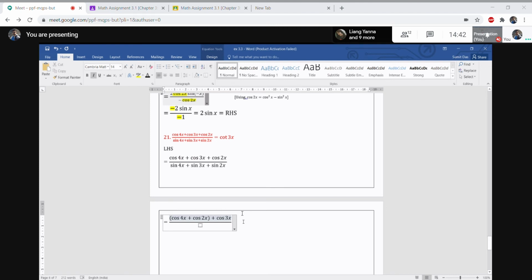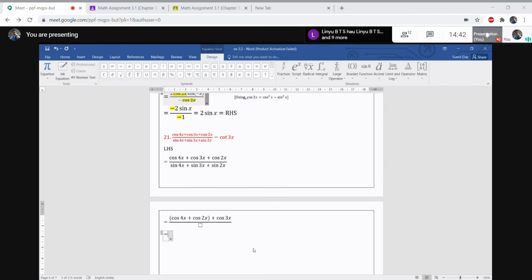Why? You can ask me, I'm showing you in the next line. If you use cos 4x plus cos 2x, what is the formula? The formula is 2 cos of x plus y by 2 into cos of x minus y by 2. So I'm writing again 2 cos of x plus y, that is 4x plus 2x. I'm not writing the denominator part yet, I'll write it later.